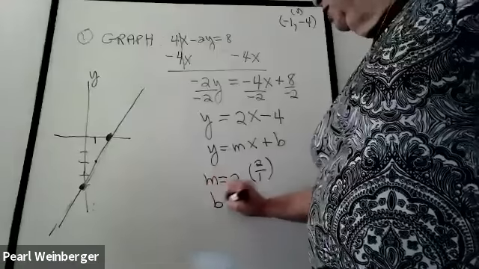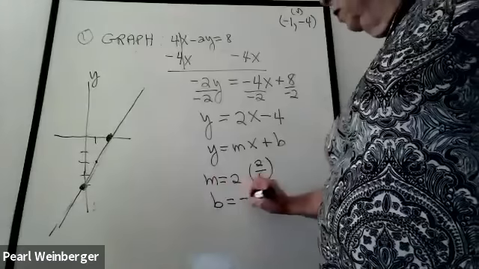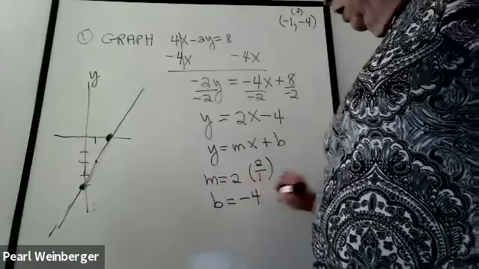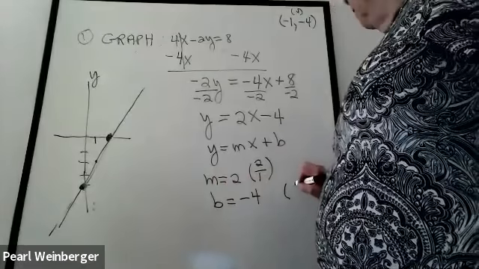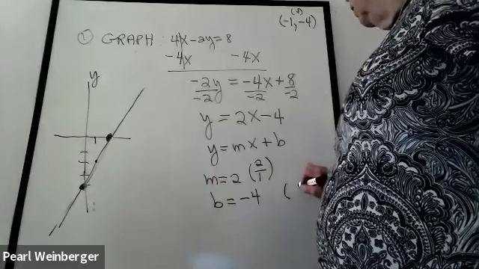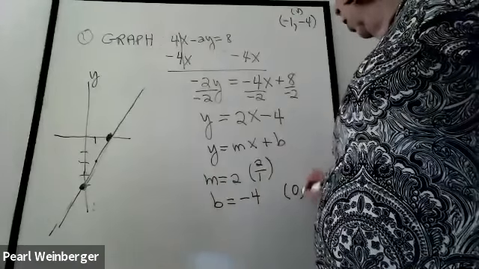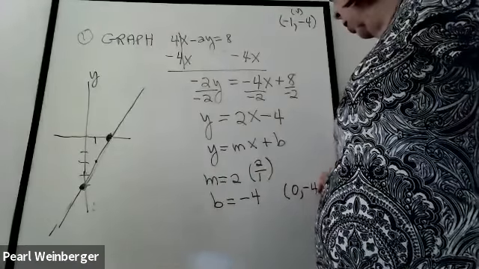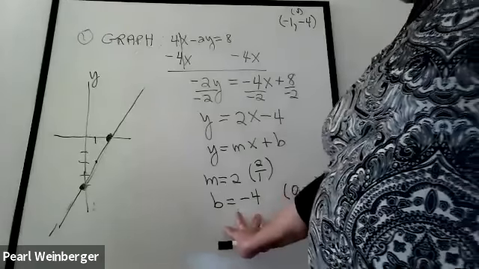The b is the y-intercept. That's the standalone number, which is -4. In other words, the y-intercept is x is 0, y is -4. But we could just say the y-intercept is -4.